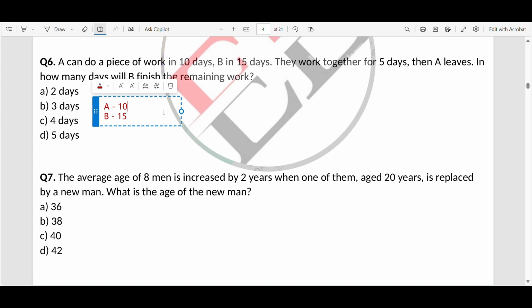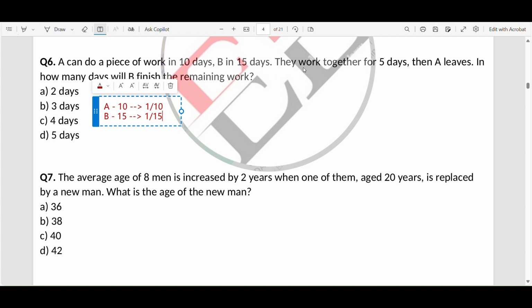And now A alone can do in 1 day 1 by 10. One piece of work he can do in 10 days, so for 1 day, he can do 1 by 10th part of the work, right? So like that, I'm considering. And B can do 1 by 15th, right? So this is the work A and B alone can do in 1 day.